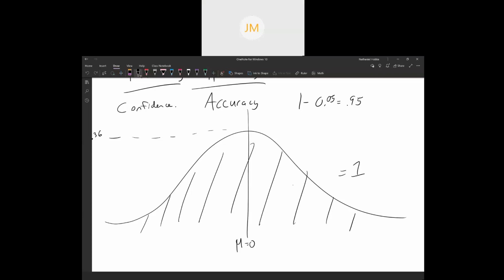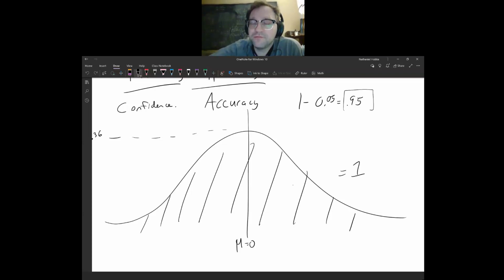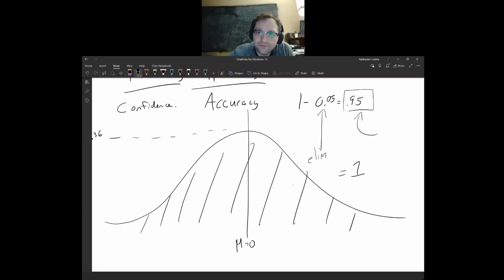Great. So one way to get to 0.95 would be to take away 0.05. So I can capture 95%, or I can eliminate 5%. I don't know how you like thinking about it, but both are equal points of view.